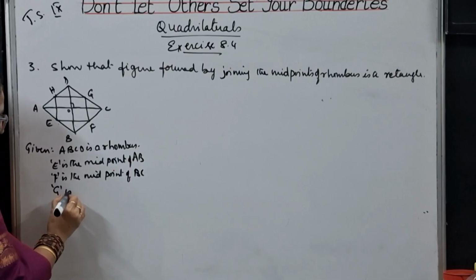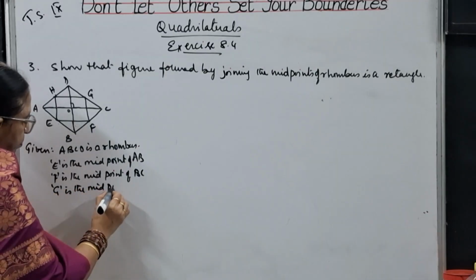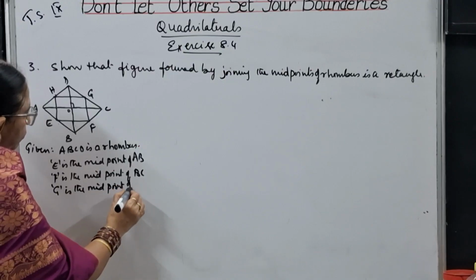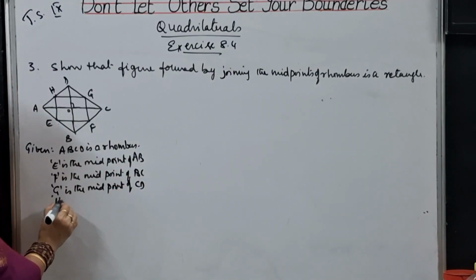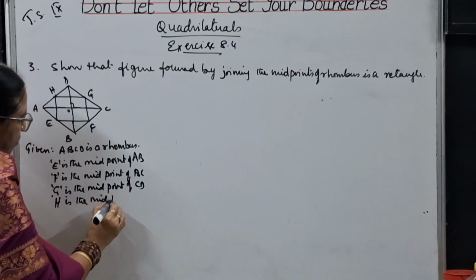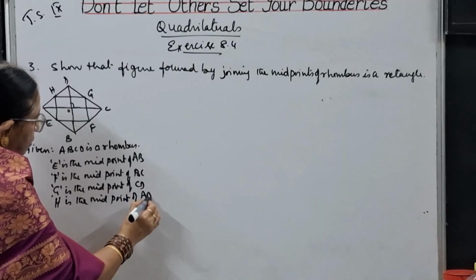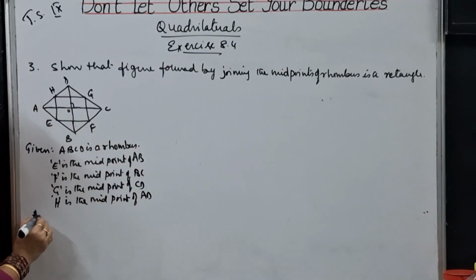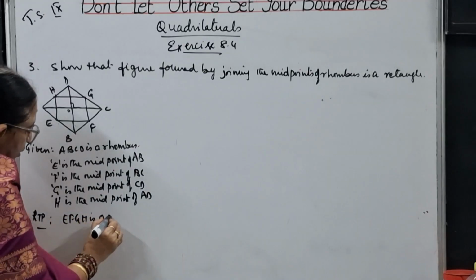G is the midpoint of CD. H is the midpoint of AD. What is RTP? We need to prove that EFGH is a rectangle.